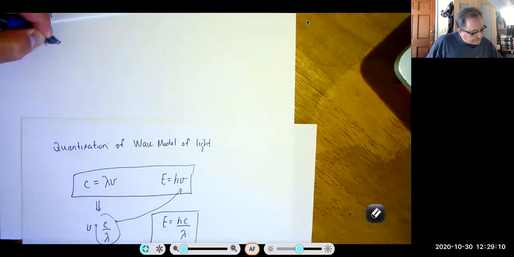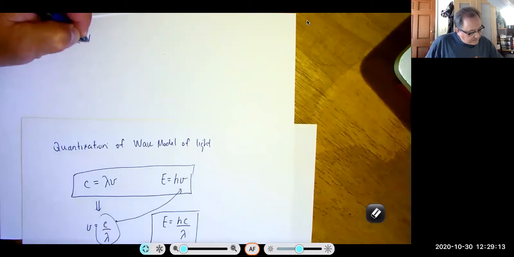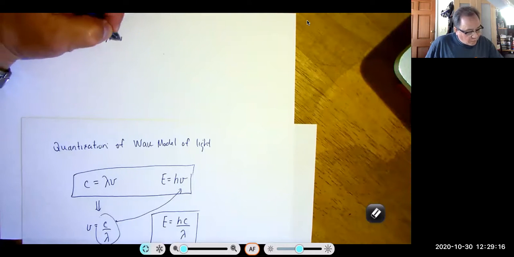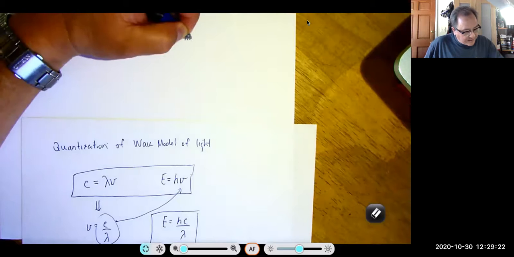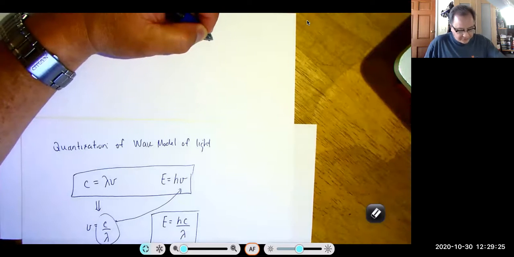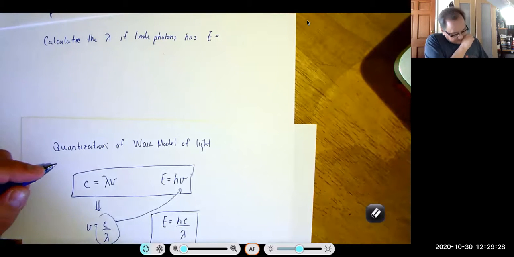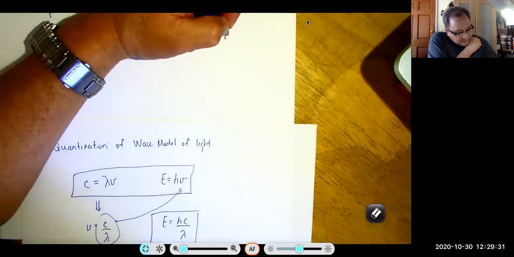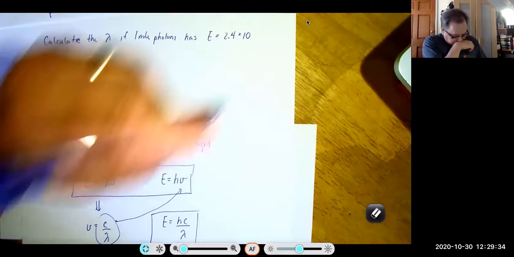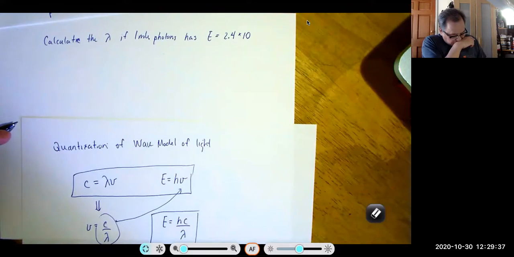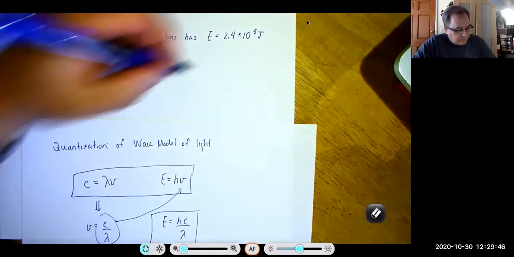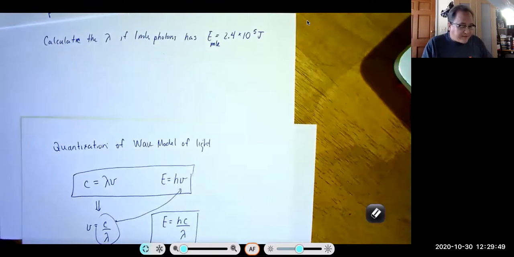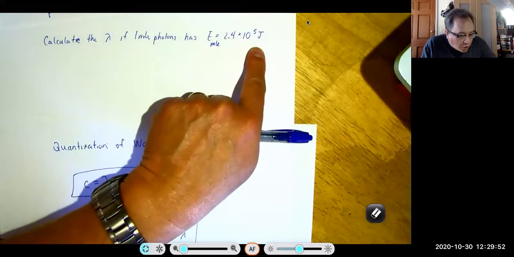Calculate the wavelength if 1 mole of photons has an energy equal to 2.4 times 10 to the 5 joules.